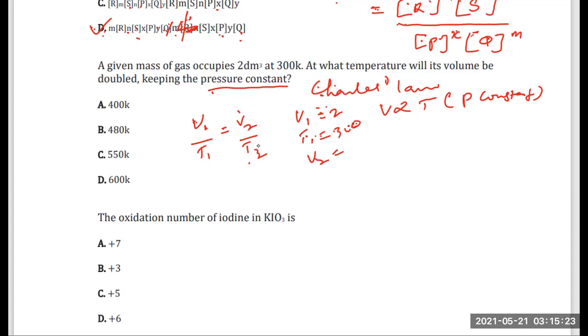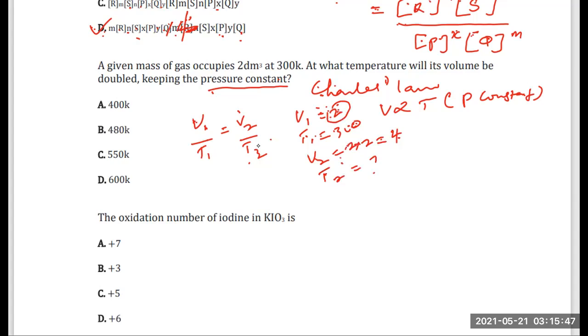So let's double the volume 1. That's 2 times 2, which is 4. So the original volume 1, I doubled it, and that makes 4. So the question is, at what temperature would this happen? Using this relationship, I can cross multiply easily.